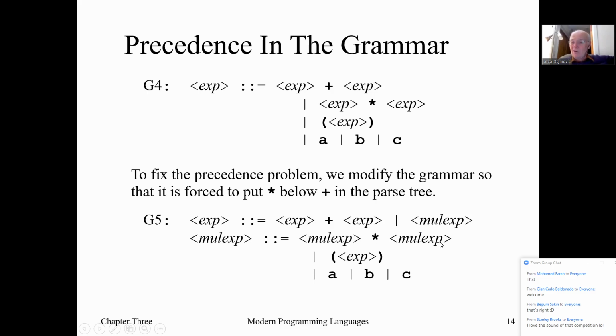So you have a product of multiplication expressions, and then a multiplication expression can be replaced by an expression in parentheses, or by A or B or C. Of course, in your case, you will have variables that are a much wider spectrum than A, B, C, but this is the general idea, like this G5.